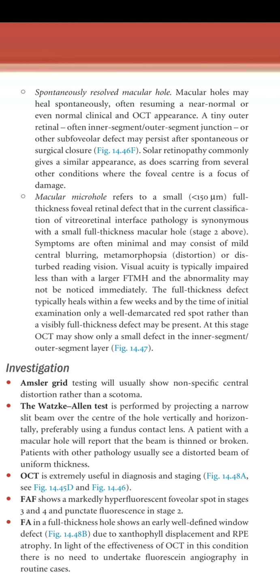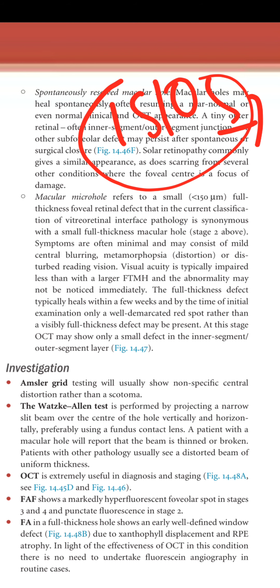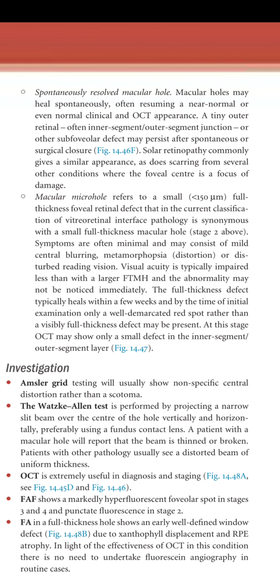A tiny outer retinal defect, often at the inner segment, outer segment junction, or other subfoveal defect, may persist after spontaneous or surgical closure. Solar retinopathy commonly gives a similar appearance to the scarring from several other conditions where the foveal center is a focus of damage. Whenever there is an inner segment outer segment disruption, it can have a poor visual prognosis.